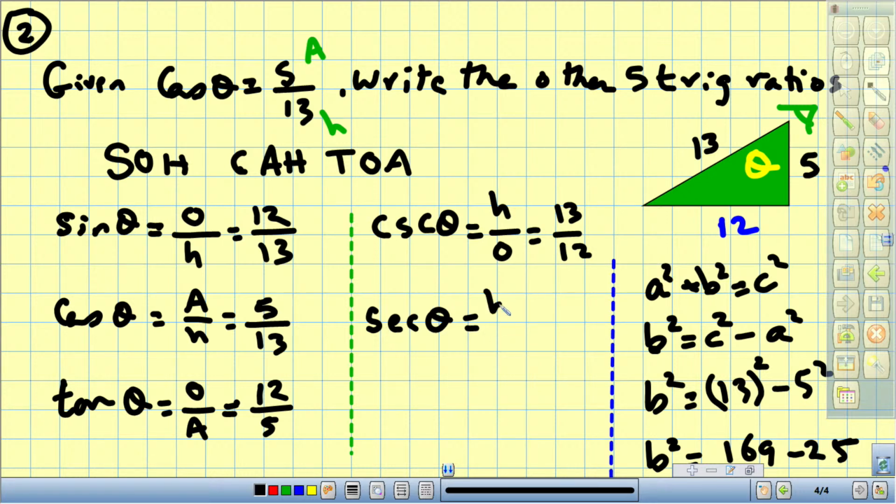And again, you just flip that. Adjacent over hypotenuse becomes hypotenuse over adjacent, 13 over 5. And what's the reciprocal of tangent? Cotangent.